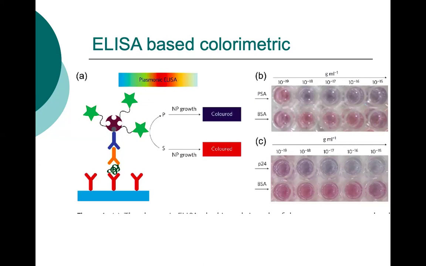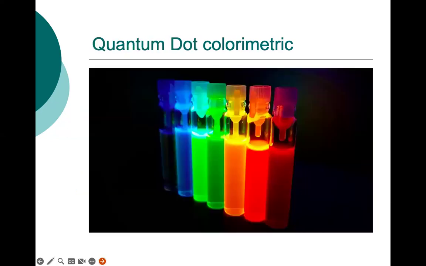So we can design the reaction to have colored base. In this case, we can design it to have blue color as positive and pink color meaning negative. We can do the chemistry to have a different color for positive reading and negative reading. So these are all based on naked eye.